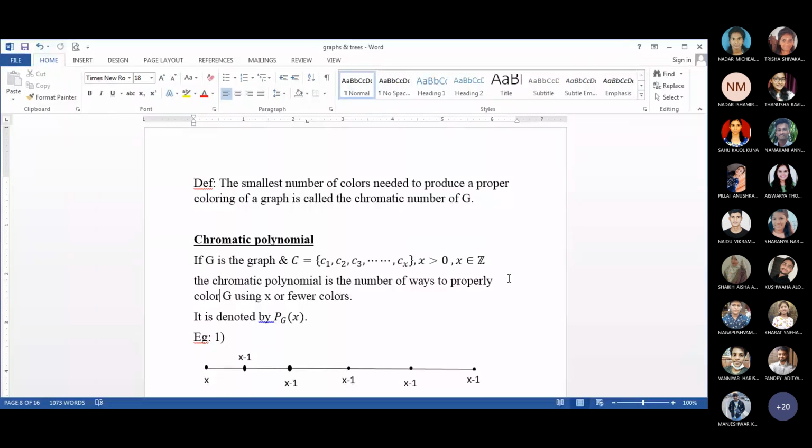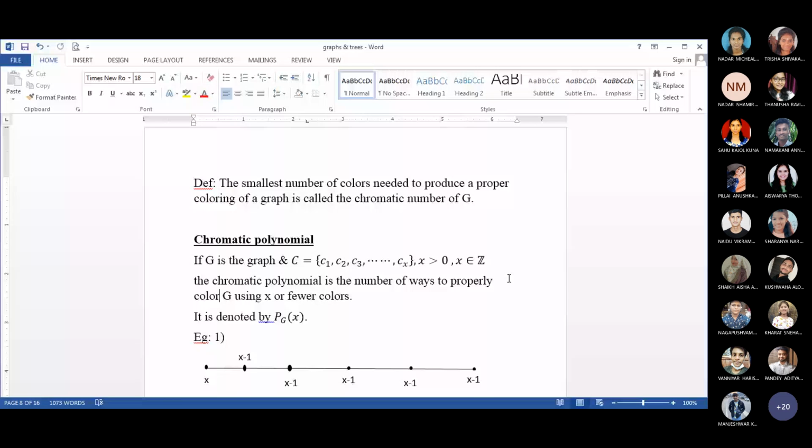What is chromatic number? Chromatic number is the minimum number of colors required to obtain a proper coloring of a graph.